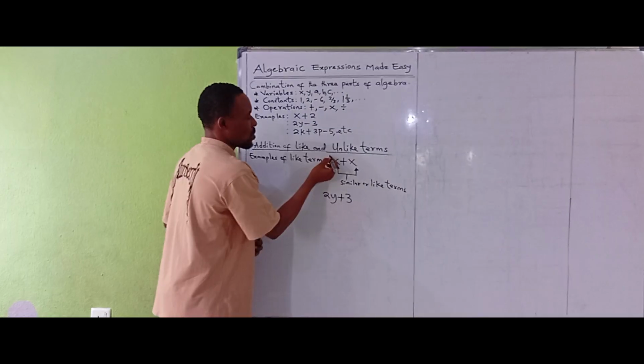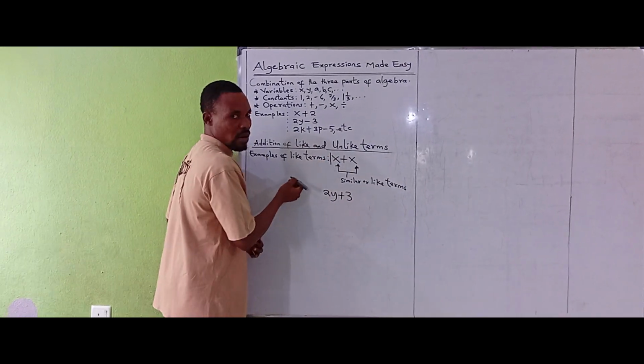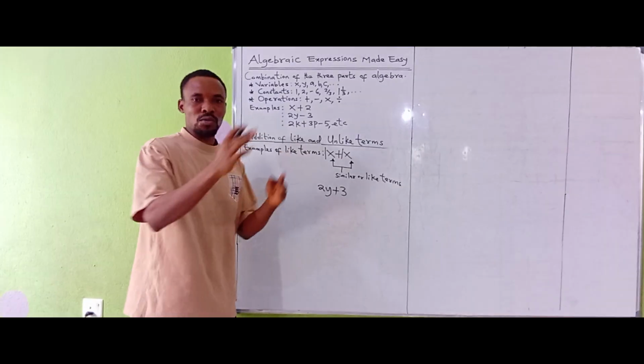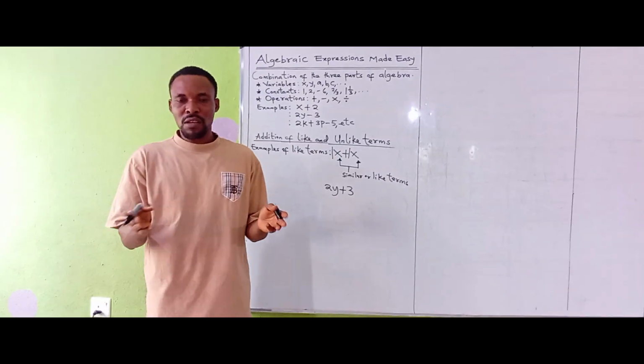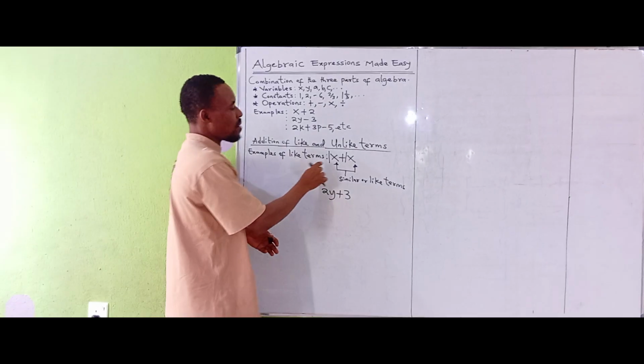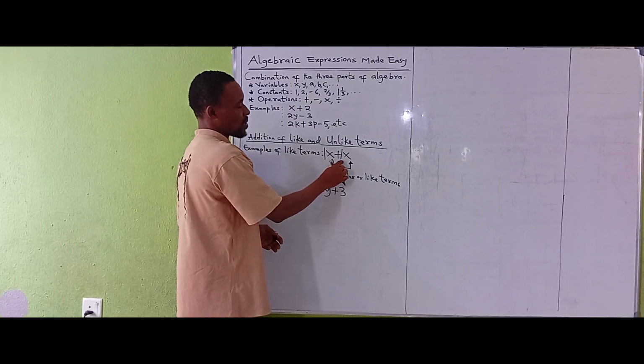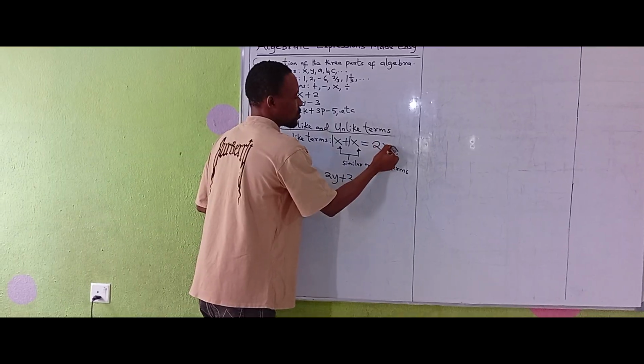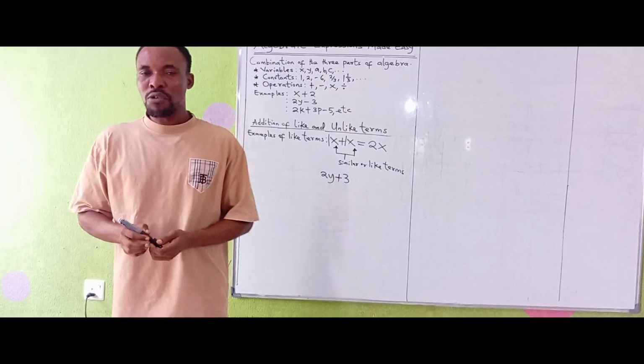Here we can say this is 1x, and we have another 1x. So all together, ask yourself, how many x do we have? We have 1x here and another x here. So all together, we have 2x. As simple as that. I hope you understand.